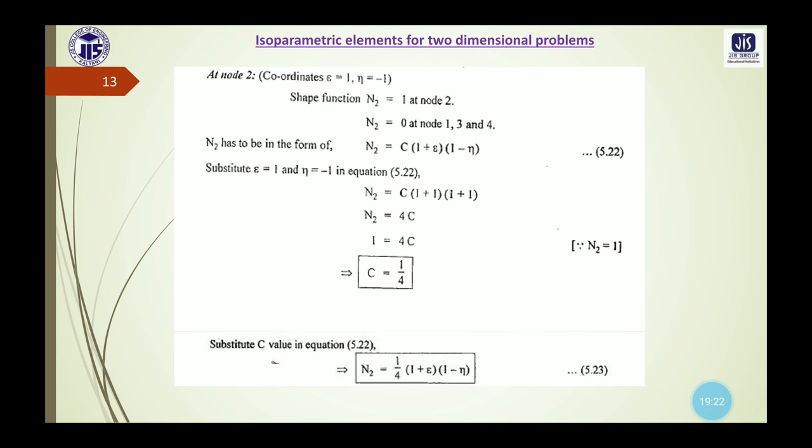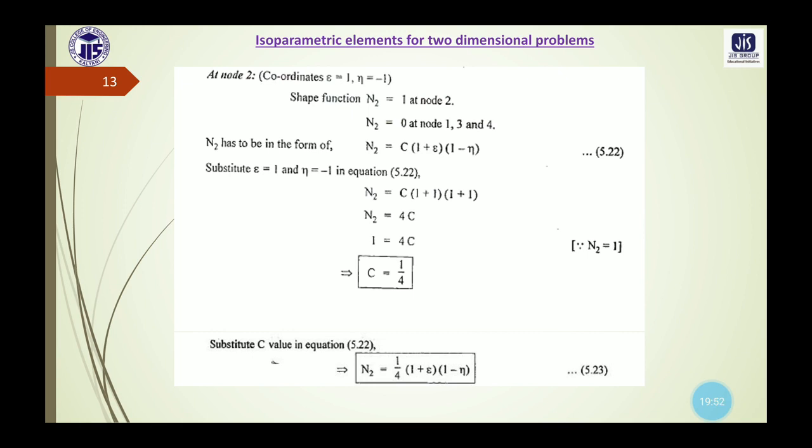Now from the characteristics of the shape function, the value of N2 is 1 at node 2, because this N2 belongs to node 2, but it is 0 for nodes 1, 3 and 4, because this N2 does not belong to the other nodes.